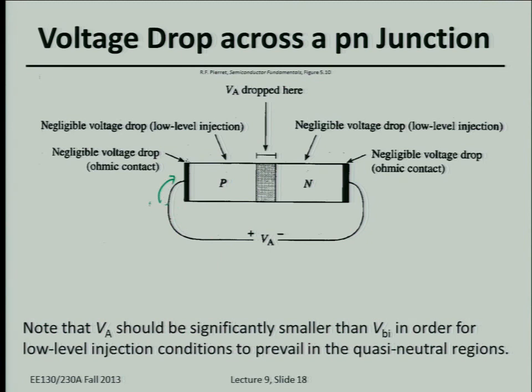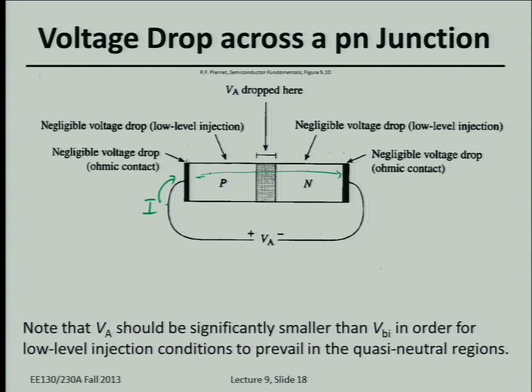Let's just draw it this way. So current will flow in response to that applied voltage, and that current will be constant. So no matter if you're looking in the P side or in the depletion region or the N side, the current flowing through those regions is going to be the same. Right? They're all in series.